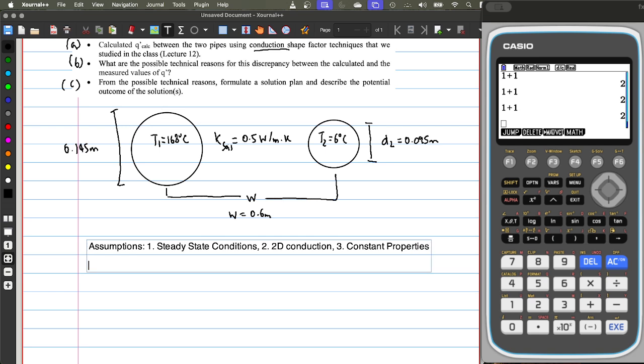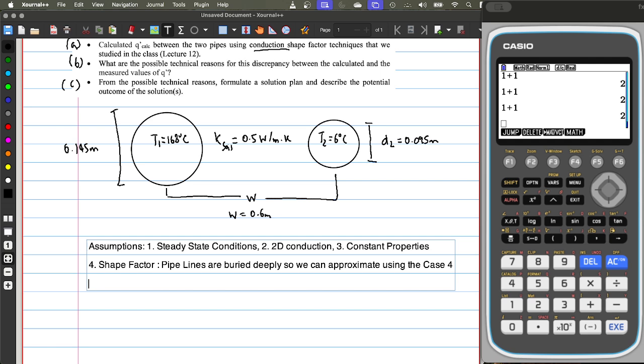To assume the shape factor, the pipelines we're assuming are buried deeply, so we can approximate using case 4 in table 4.1, which is in the lecture slides as well.